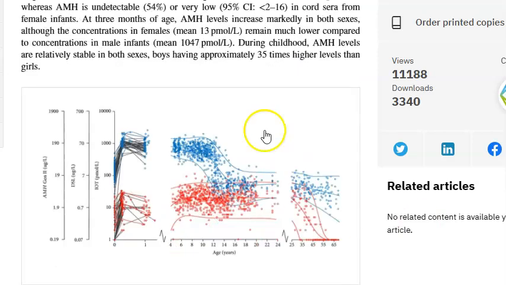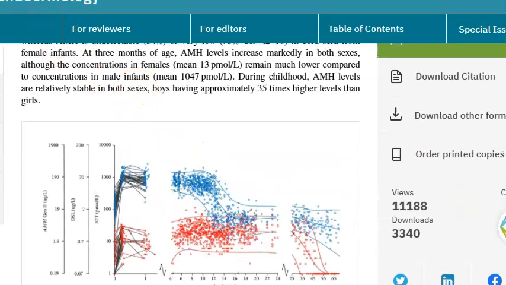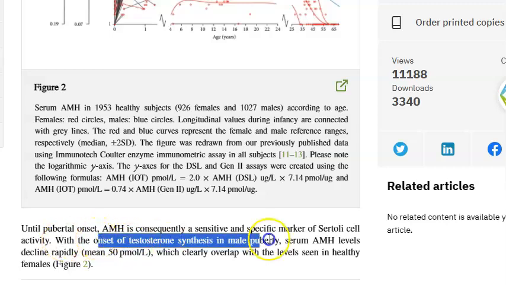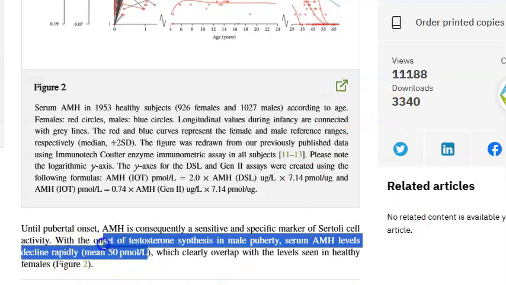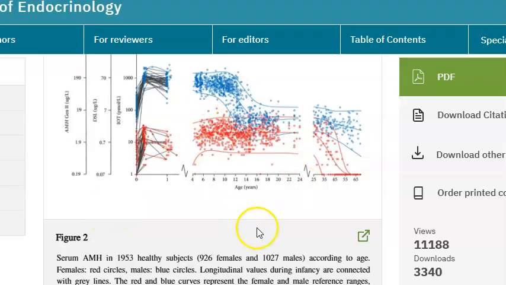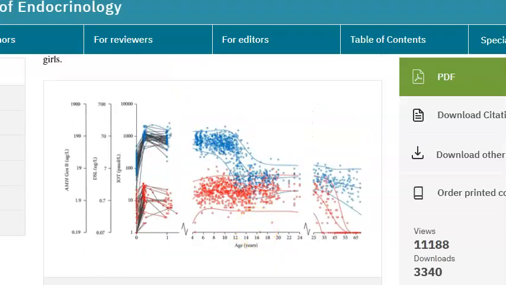Okay, then once testosterone starts getting produced in male puberty, the AMH level rapidly declines. Okay, so the male which was more till puberty, the levels after that actually start declining, and then it will be similar to healthy female. Look at this diagram here to understand. Male is more, I will use a blue here.